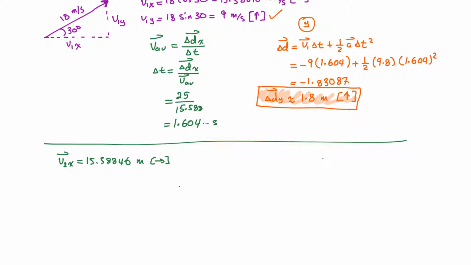We can use any of the 5 kinematics equations, but I will be using, and I'll write everything here, v2y is equal to the initial velocity plus the acceleration in the y direction multiplied by delta t. To plug in my values, v1y is 9 meters per second. So I'm going to put my positive directions again.